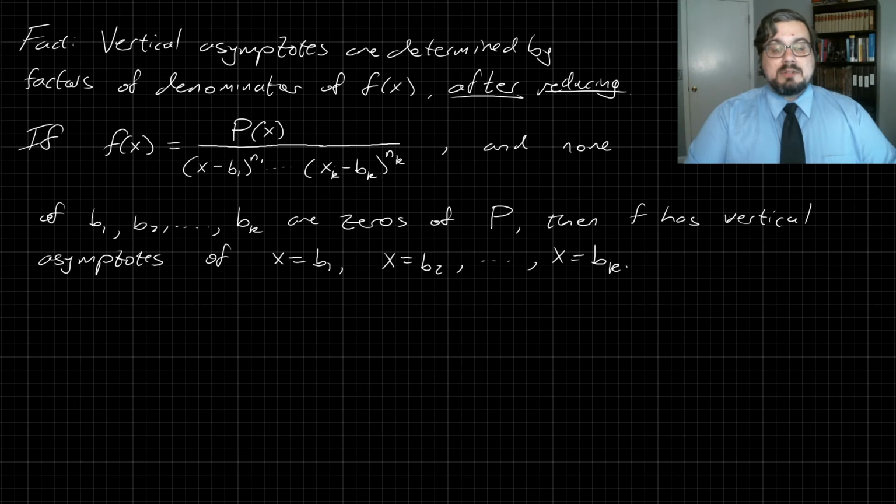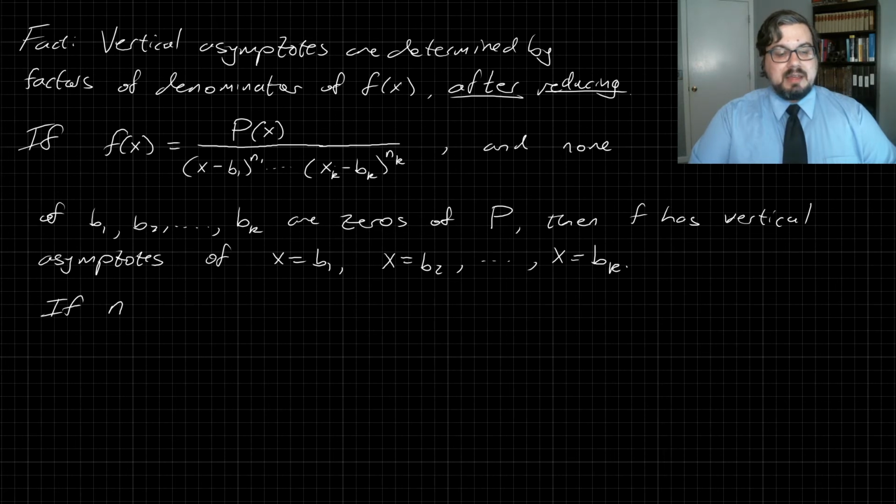Now, the numbers n up above also tell us something about the asymptotes. They tell us whether the function goes in the same or the opposite directions when you look on either side of the asymptote.